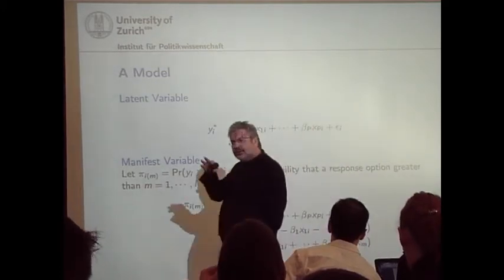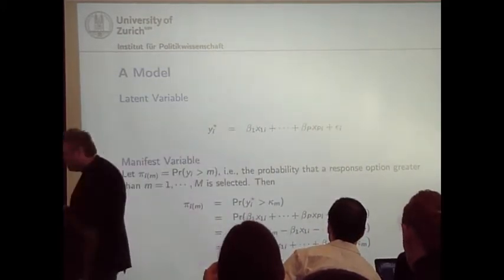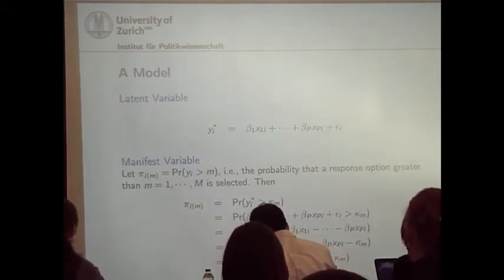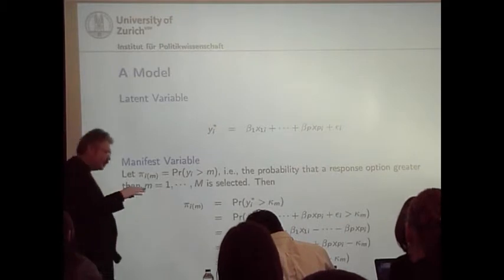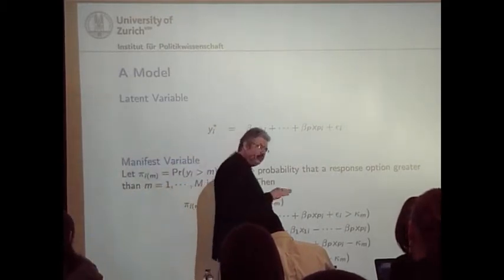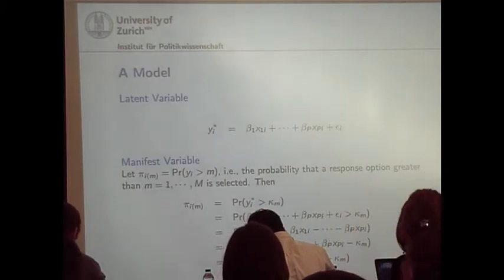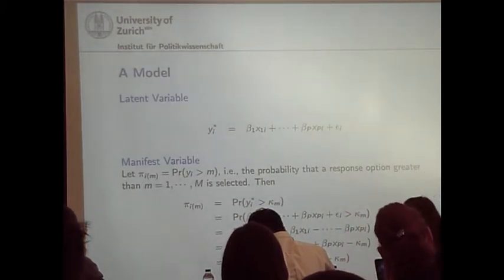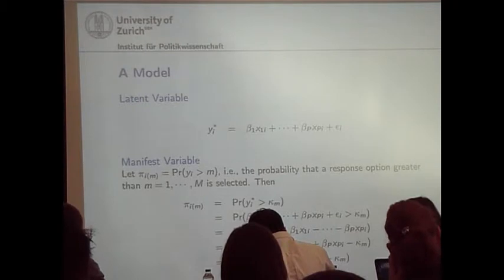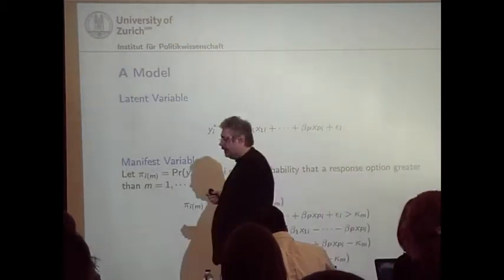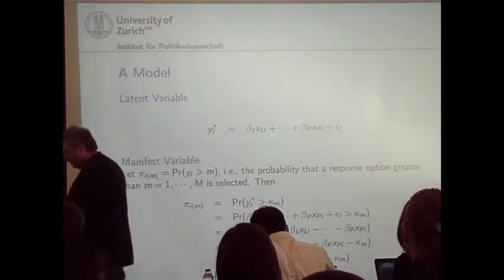Those proportions we can use as estimates of our probabilities of being in category 1, 2, or 3. We know that these proportions add up to 1, and that means there are really only 2 unique probabilities.